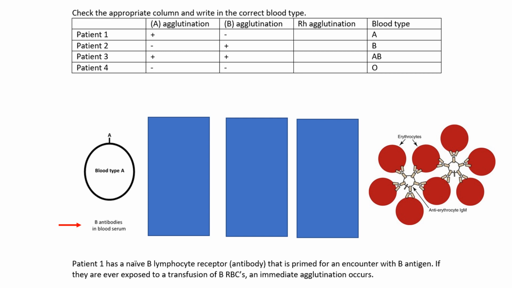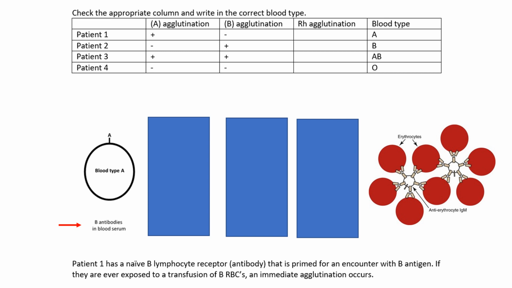Let's really quickly look at B lymphocytes. The purpose of this simulated blood experiment was not to determine what blood type we have. It was to determine how B lymphocytes and T lymphocytes work in our immune response. So let's look at the B lymphocyte or the humoral response. And we're going to use the same stuff we just went over.